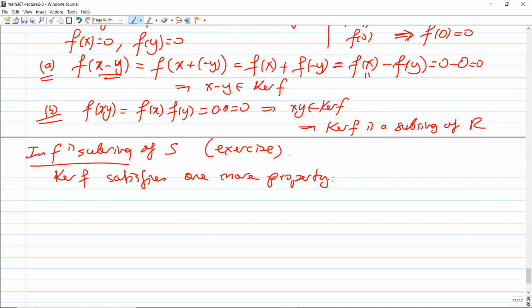Namely, remember, if x is in the kernel and y is in the kernel of f, then x times y is in the kernel of f, as we just showed above. But more is true.